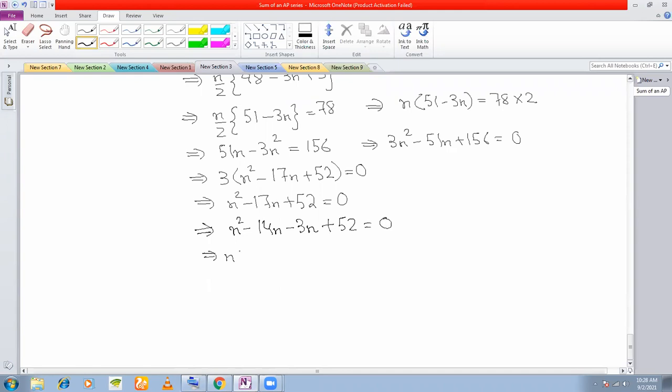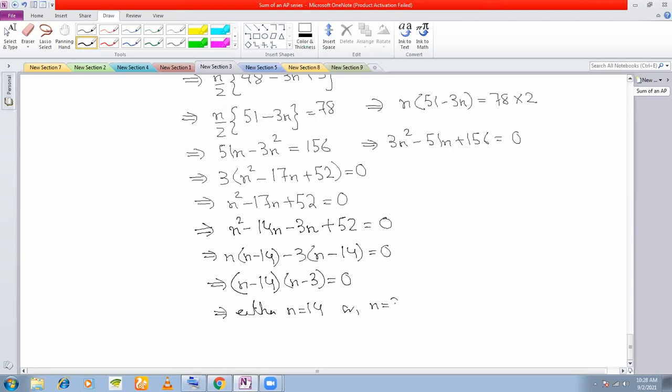That means you get n into n minus 14 minus 3 into n minus 14. Means you're getting n minus 14 into n minus 3 is equal to 0. That means either n is equal to 14 or n is equal to 3.